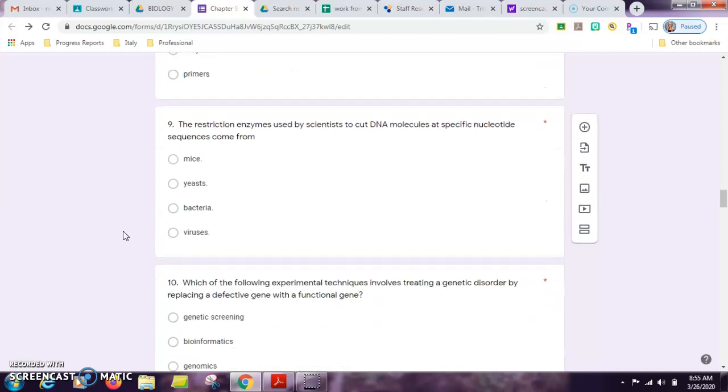Number 9. The restriction enzymes used by scientists to cut DNA molecules at specific nucleotide sequences come from mice, yeasts, bacteria, or viruses?